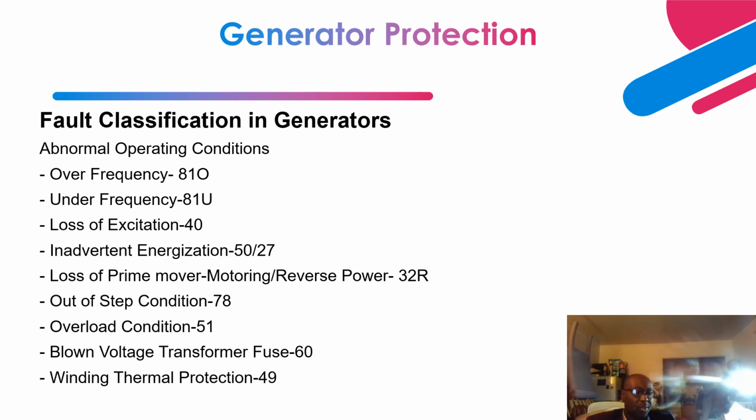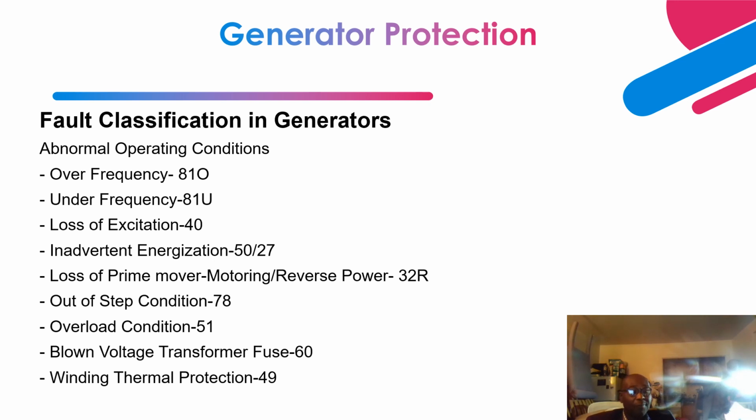Next, we move on to the loss of prime mover or reverse power, and how does that condition occur? Let's say you have a steam turbine integrated to a generator, and all of a sudden you lose the prime mover, through, let's say, loss of steam. Then the turbine side is out of the picture. The generator will act as a motor and start absorbing active power from the AC grid.